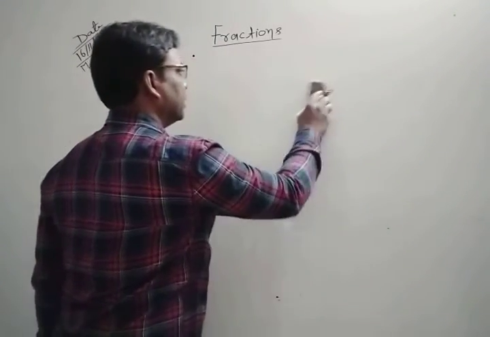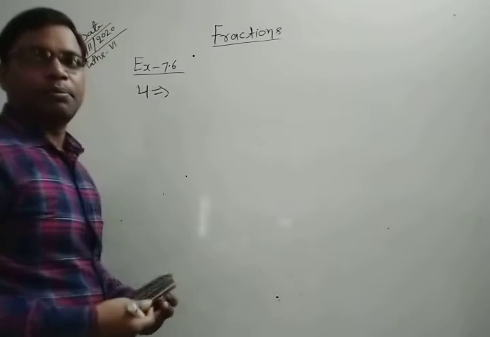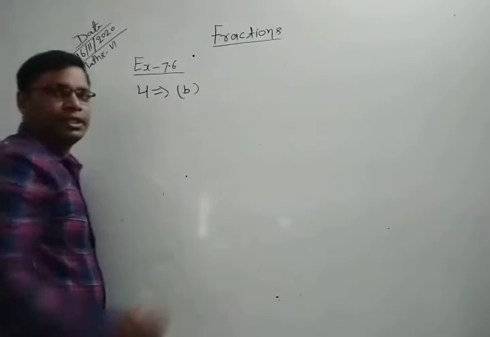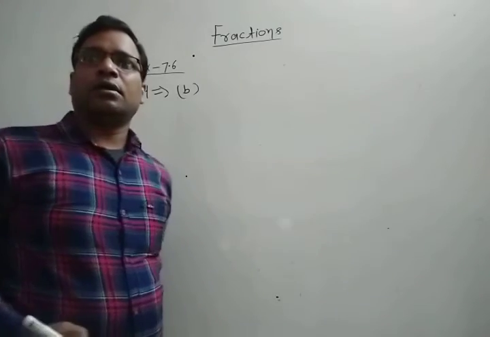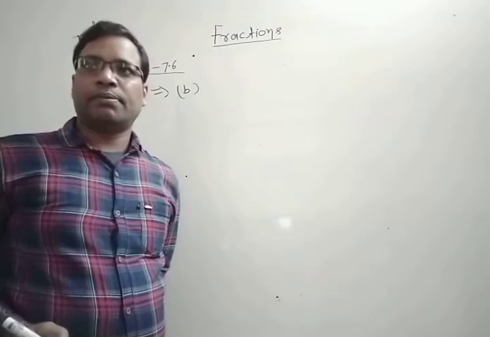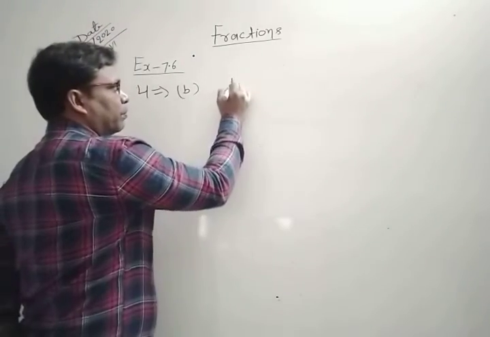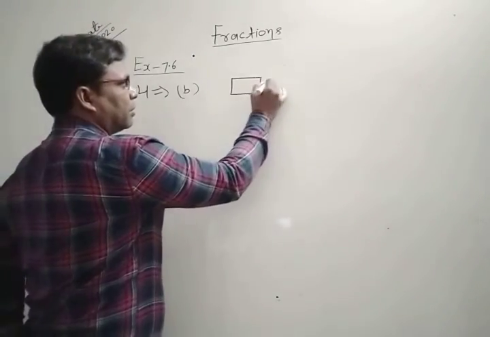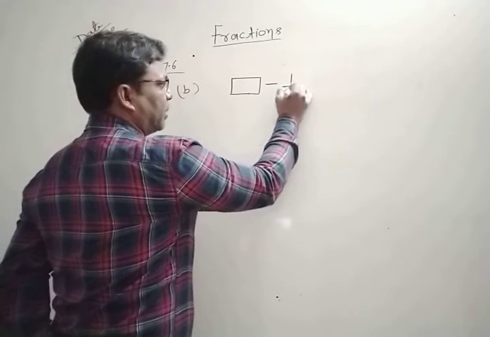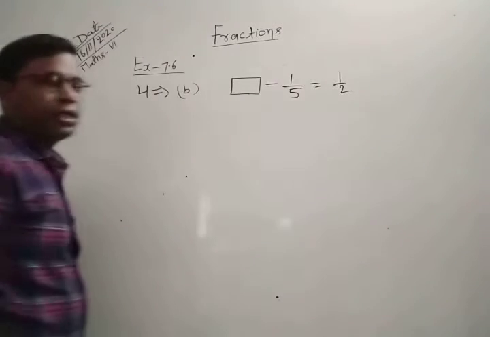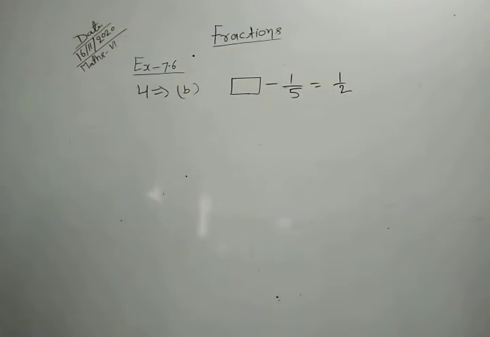Part B of question number 4. It is given that box minus 1 upon 5 is equal to 1 by 2. So here you can see again 1 by 5 is subtracted from this box.